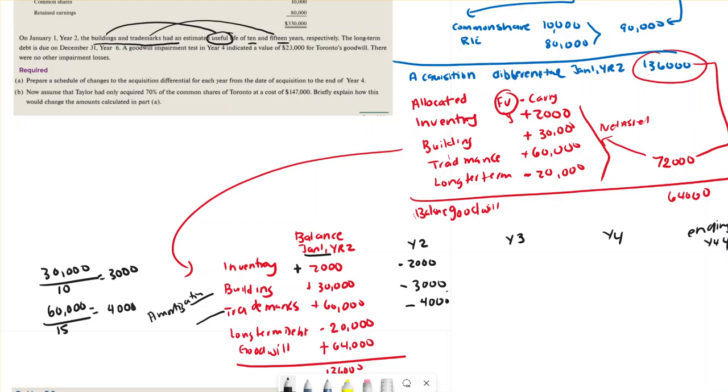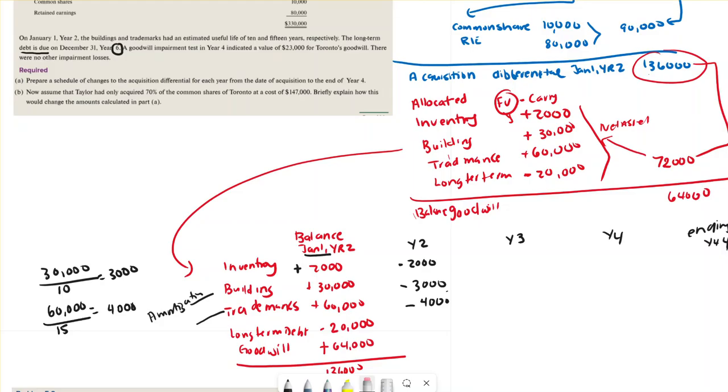When you have long-term debt, let's see what the question is asking you to do, and we needed to know how long we are amortizing the debt. The long-term debt is due on December 31st, year 6.